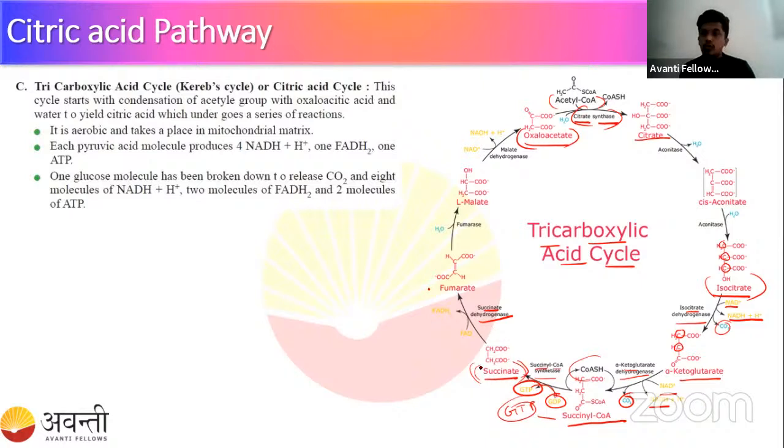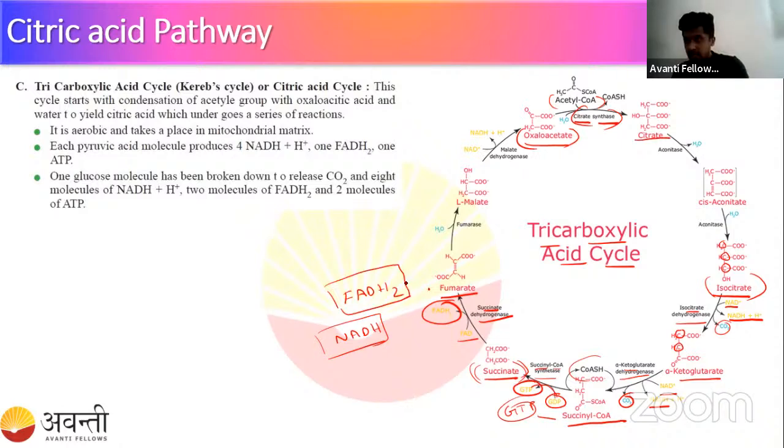The succinate, as it is converted into fumarate, again, one more important molecule comes into play, that is called FAD. The FAD is reduced to FADH2, a very, very important byproduct. So FADH2, and then we have NADH, very, very important energy molecules that are responsible for the production of energy. Okay. So these two byproducts are the key ingredients out of our TCA cycle.